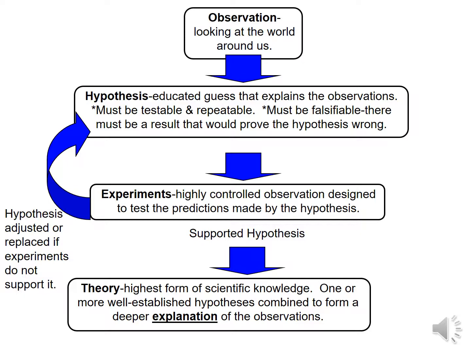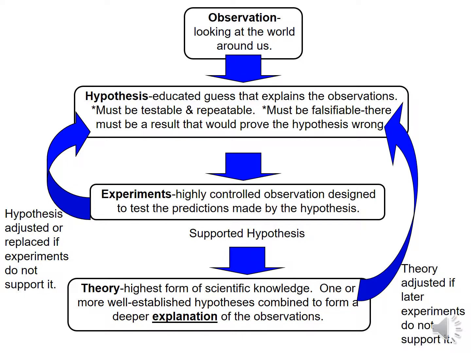A theory is basically meant to be an explanation of the observations. Not only are we saying the observations happen, we're saying why they happen. The reason why the chemicals work the way they do is due to atoms and bonds and molecules. These are theories that we have to try to explain the behavior of chemicals, for example.